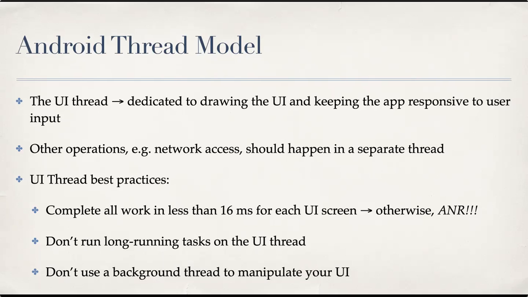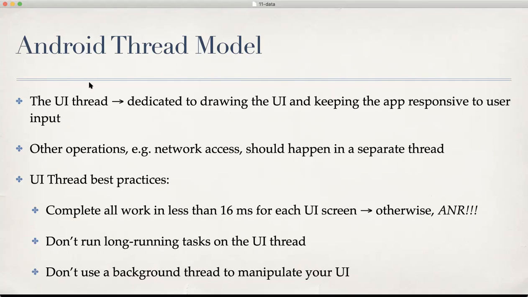But if it does not even show that, then that's not a good app. If I have to keep on clicking the button again and again, I'm probably not going to want to use that app a lot. So that's the main point with the UI thread and responsiveness. All other operations, network access, database access, should happen on a separate thread.